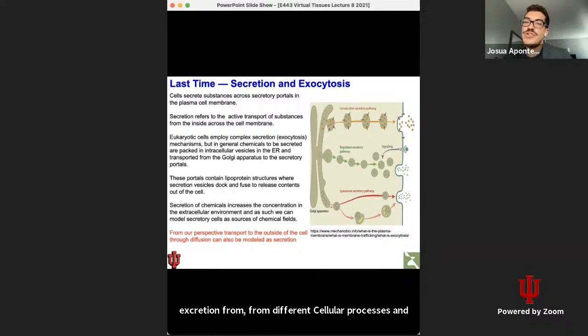But we mentioned that from the perspective of modeling, all we care about is that the secretion of a certain molecule has the net effect of increasing the concentration of that molecule in the extracellular environment over the cell.